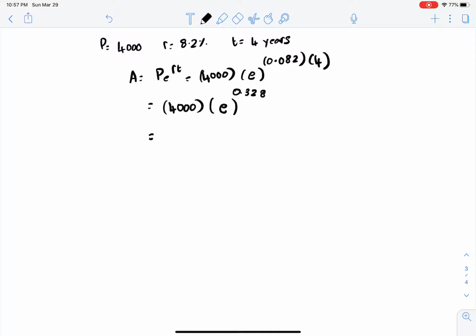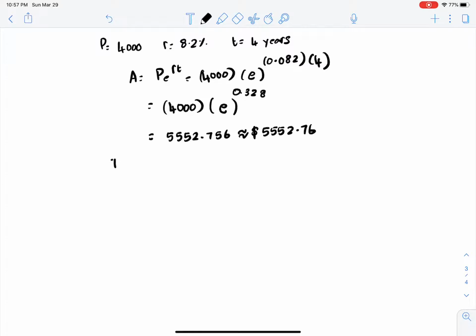And use a calculator. And we get the amount as 5,552.76.